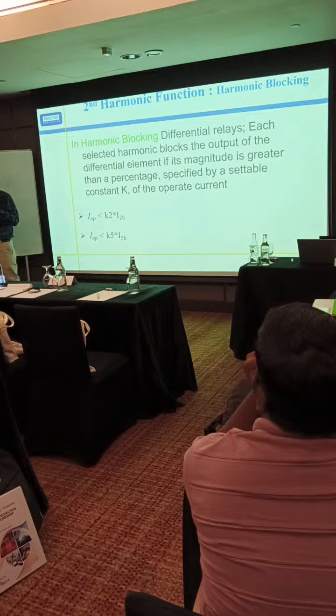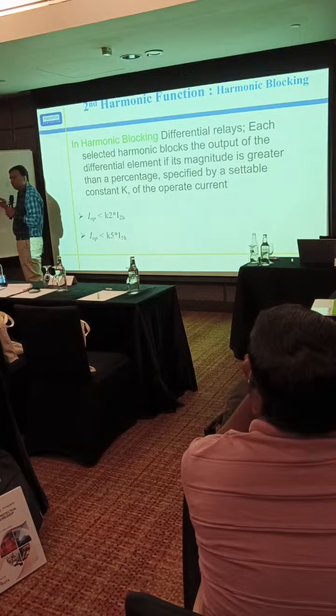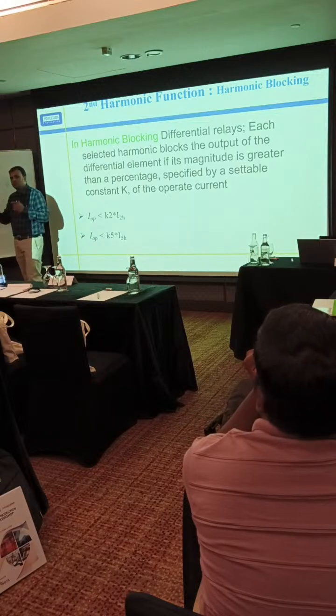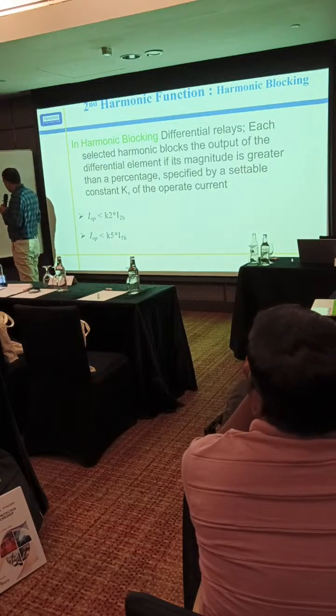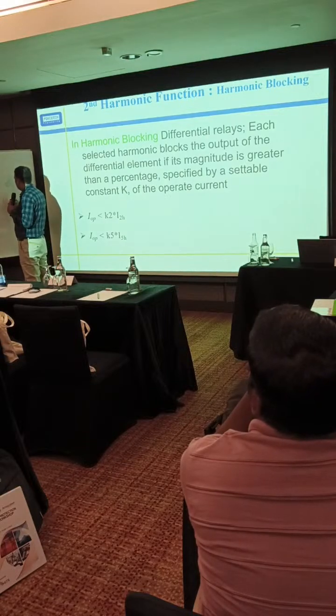And you have started the harmonic current also from 1 ampere. It should operate immediately in normal condition, because it is much more than the differential operating current. And we have added 1 ampere second harmonic.